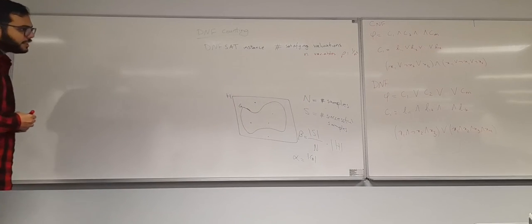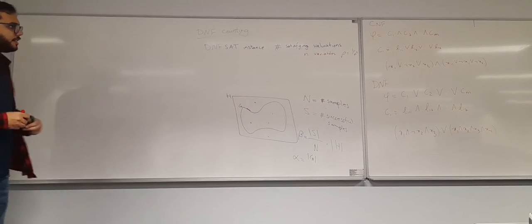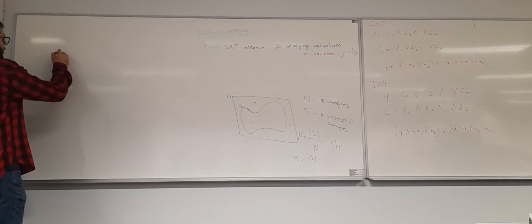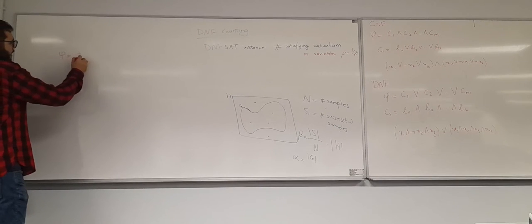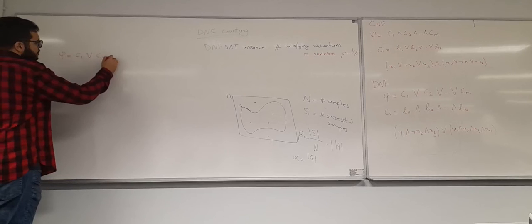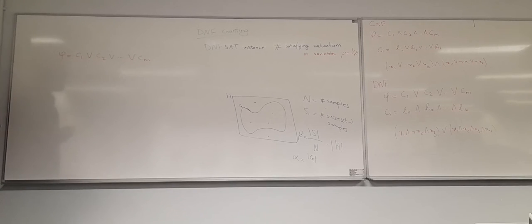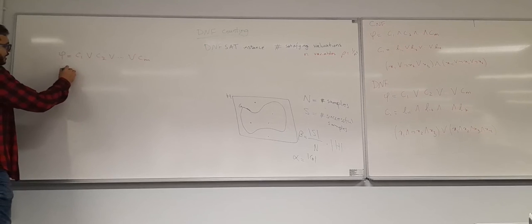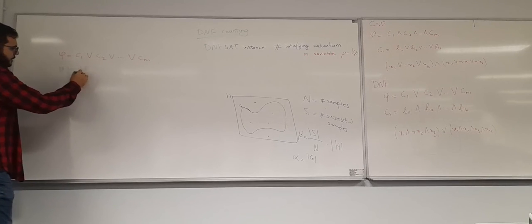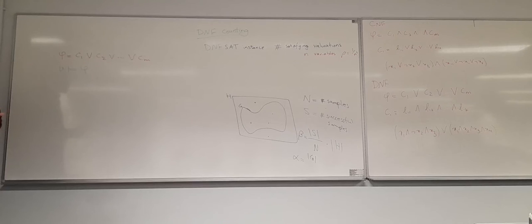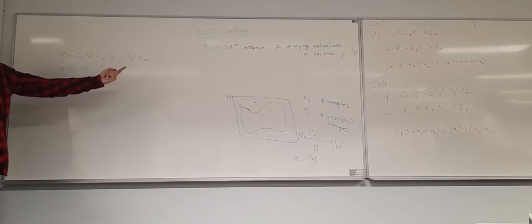Consider a formula. Let's say my formula phi is C1 or C2, so on, or Cn. And let's say that I also give you a valuation that satisfies this formula. So let's say I give you some valuation V, and V satisfies phi. What does that mean? It means that V satisfies at least one of these clauses.